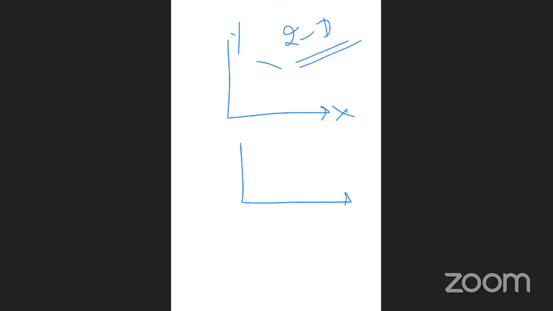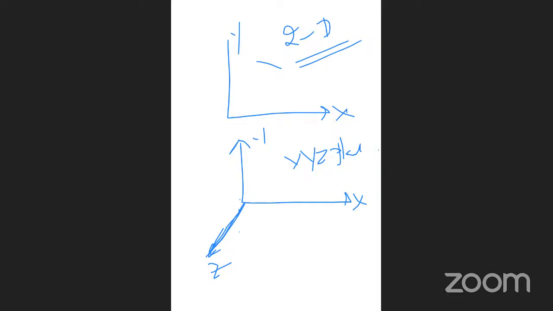In double integration, we use only the xy plane. This is the x-axis and this is the y-axis, that is 2D. Now here there is x, y, and one more, z. The xyz space is actually 3D, but we cannot draw it, so that's why we are writing it here: x-axis, y-axis, z-axis.